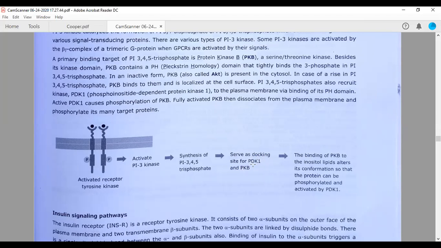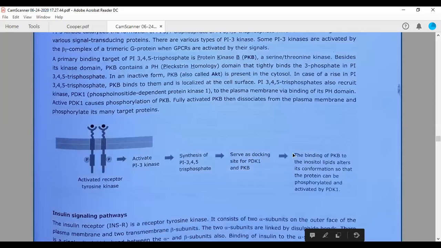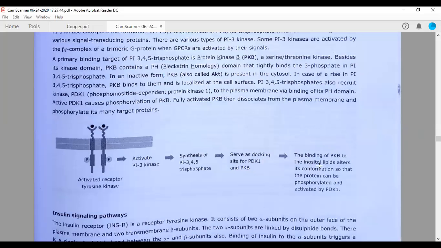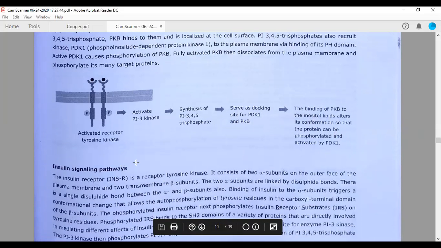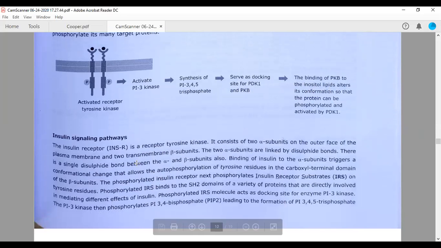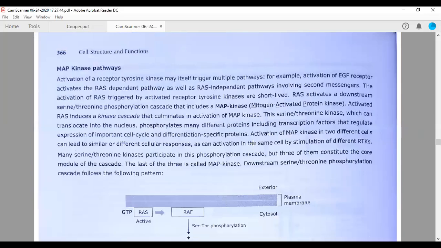The docking site for PDK1 and protein kinase B. This protein kinase B is AKT actually. It is written here. This PKB, or AKT, is present in the cytosol, and then will come to the plasma membrane. Then we will study something about the insulin signaling pathway, because this is very important.